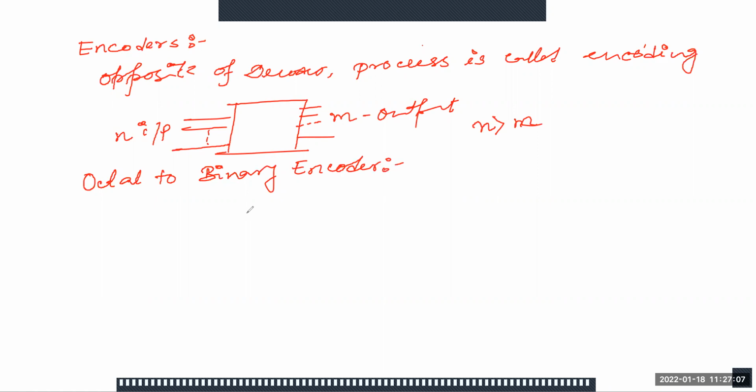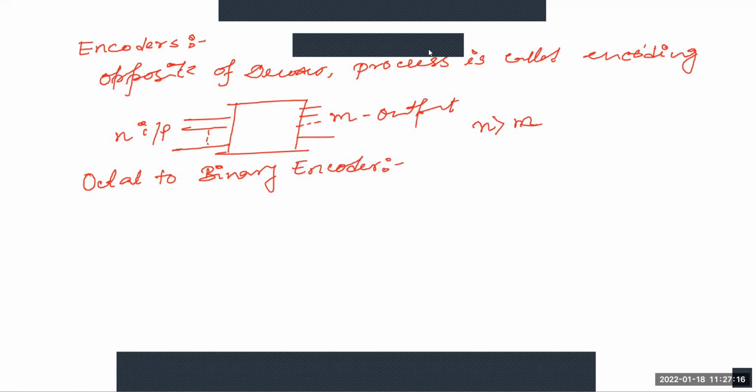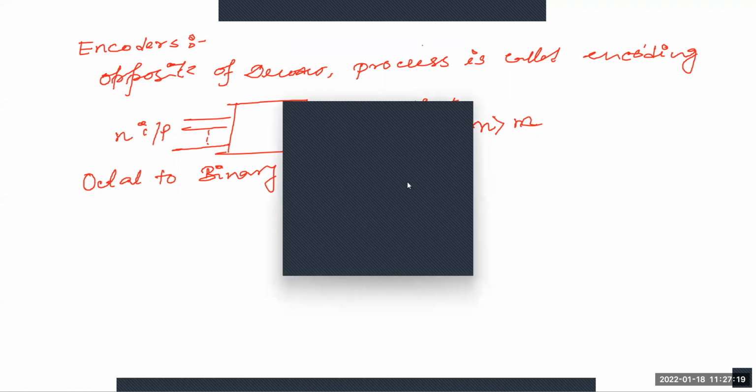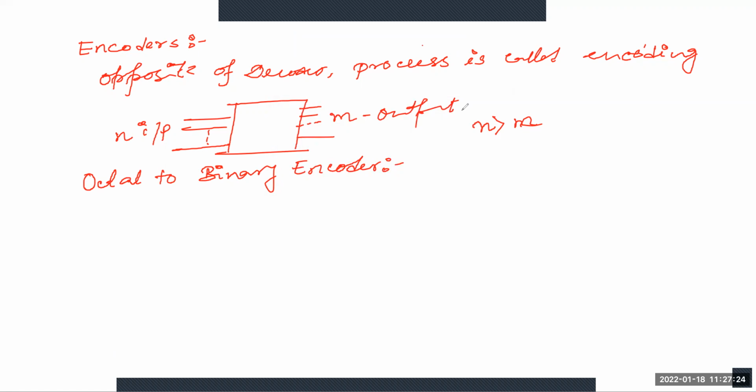For the case of octal to binary encoder, there is 3-bit output, and it accepts the 8 inputs and produces the 3-bit output code corresponding to the activated input.